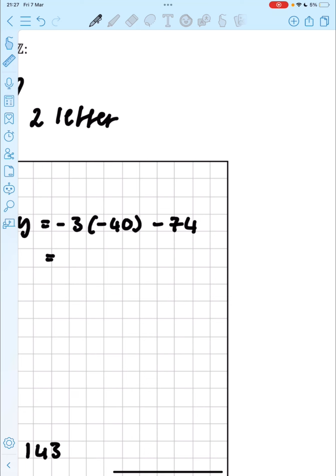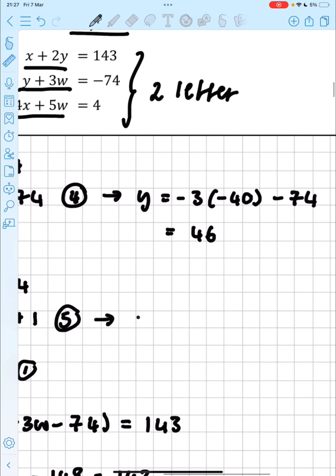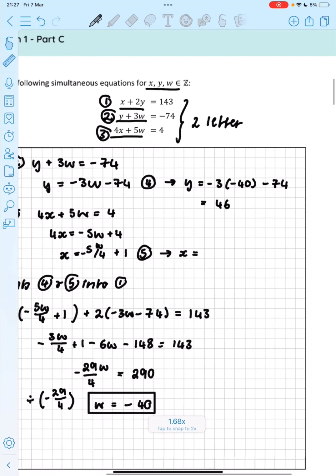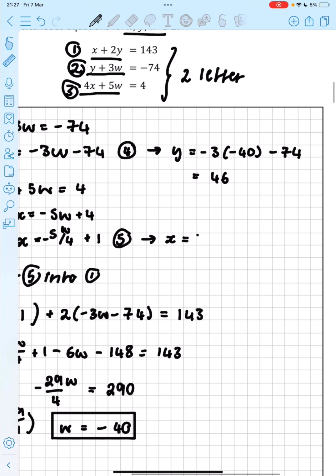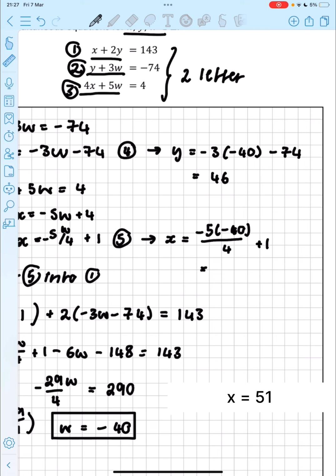Minus 3 times minus 40 minus 74 will get me 46. So now I've got my y. And then lastly, x is equal to minus 5 times minus 40 divided by 4 plus 1, which equals, what's that? Minus 5 times minus 40 over 4, which is 50.